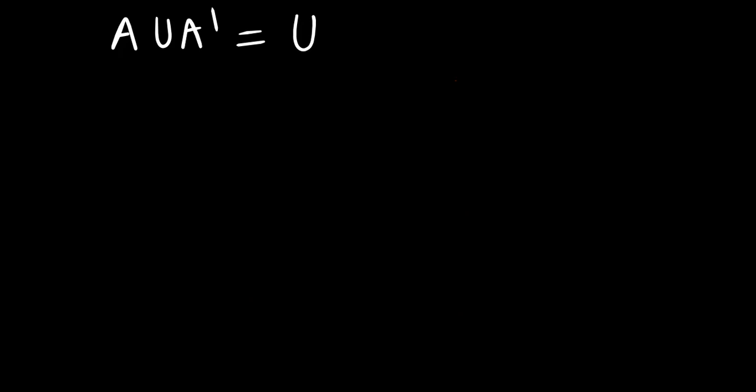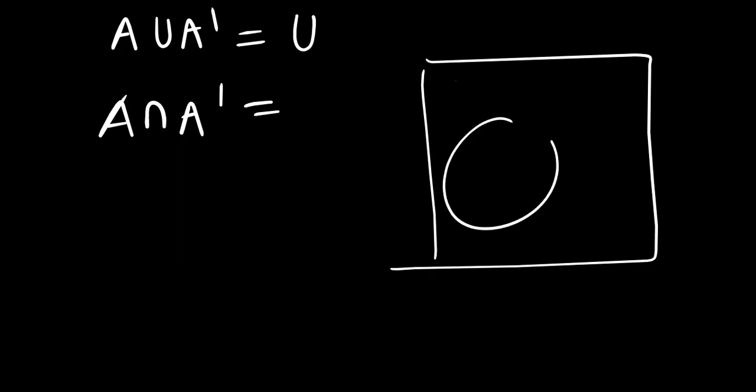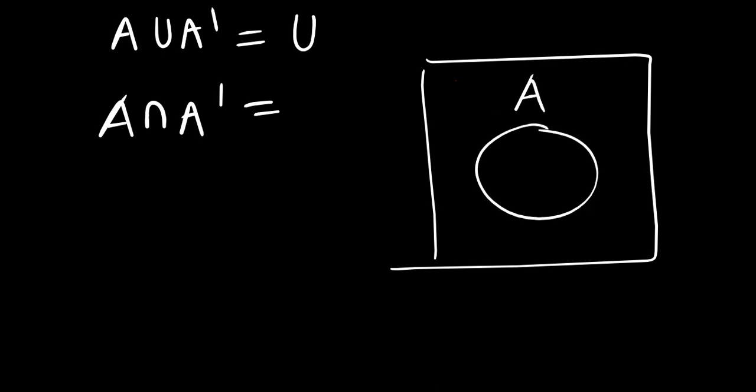Now the second one that you're supposed to understand is, if you've got A intersection A complement, what are you going to have? If this is our Venn diagram, let's say this is just A. Allow me to write it, the A inside. Then A complement will be everything that is outside.